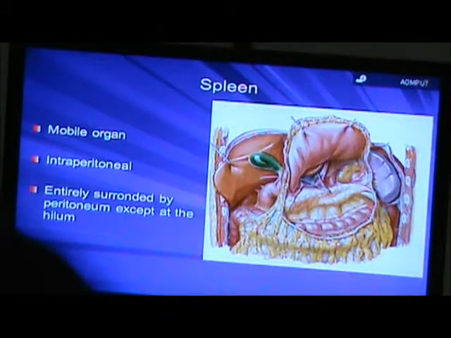The spleen is a mobile organ, is located intraperitoneally, and is located in the left hypochondriac region.